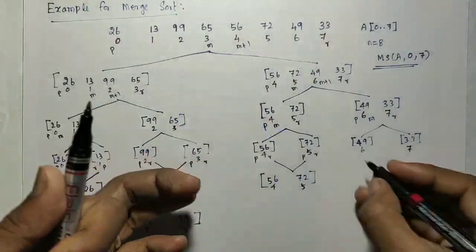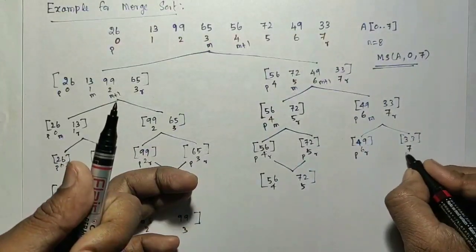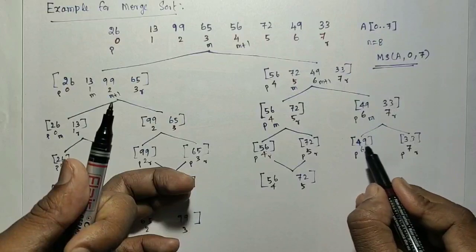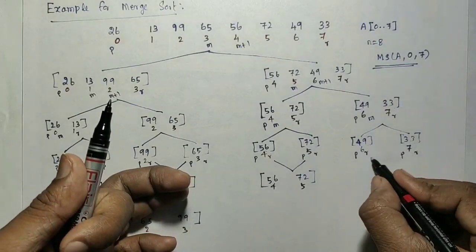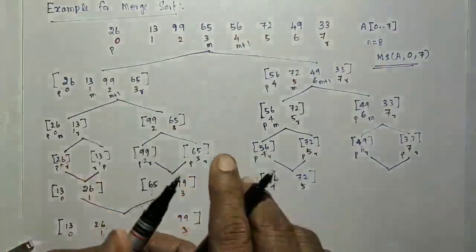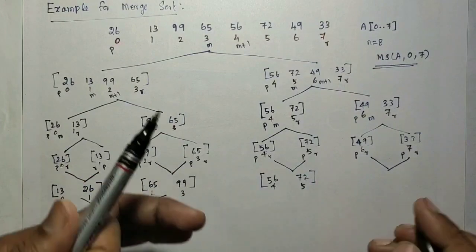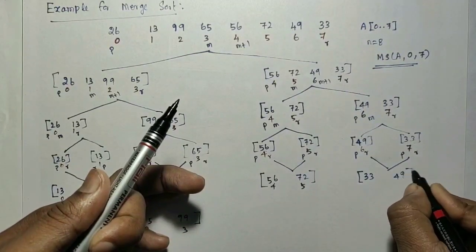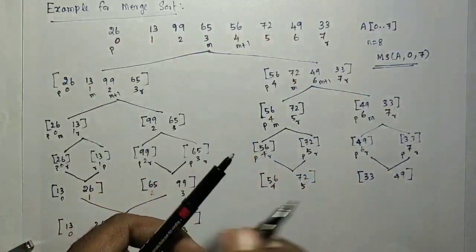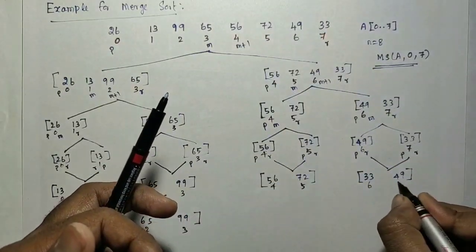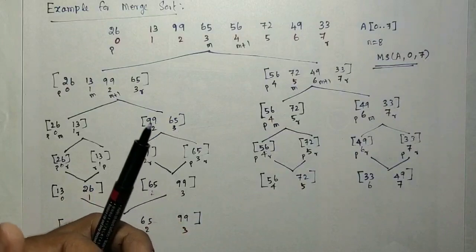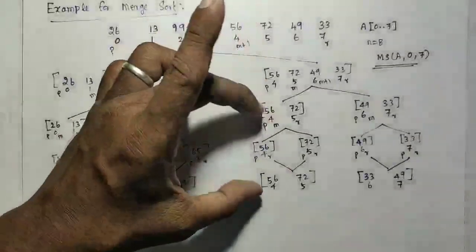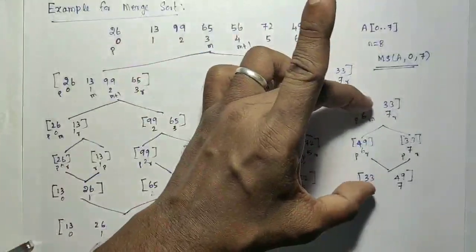Here P and R will be the same, so after sorting nothing happened. Now I need to merge these two. If you are merging these two, this will become 33 and 49. These elements will get swapped, so this index is 6 and 7. The 6th position 33 and 7th position 49. So this element is sorted.